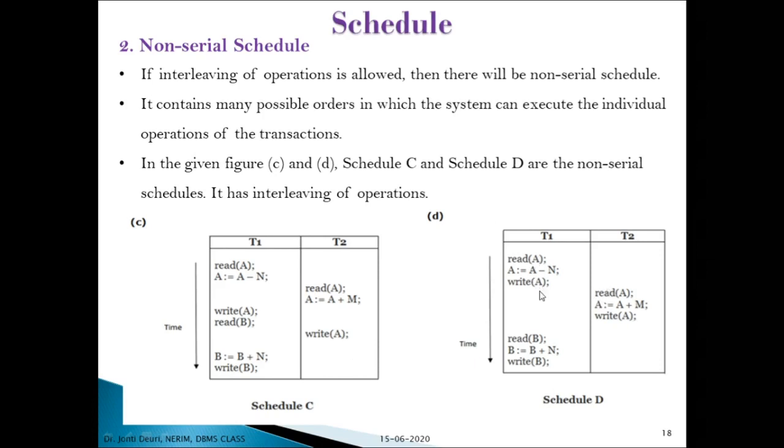That same schedule we can also write in this way. Like 3 operations we have done in the right side, schedule D. You can see for T1 we have done read A, A equals A minus N, write A. After that, for T2 transaction, we have done read A, A equals A plus M, write A, right? After that, again for T1 transaction, read B, B equals B plus N, then write B, right?